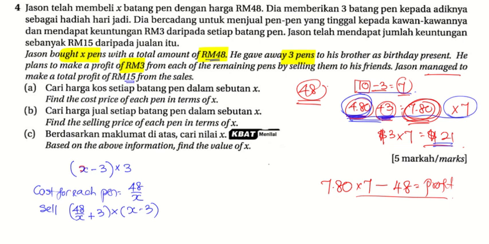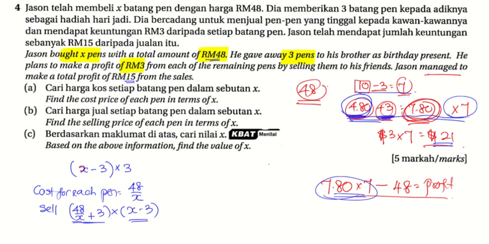Okay, and this is the money you have. The original cost for 1 pen plus the profit is the selling price, times the number of pens you have. Okay, this is the money you collected, you get back.